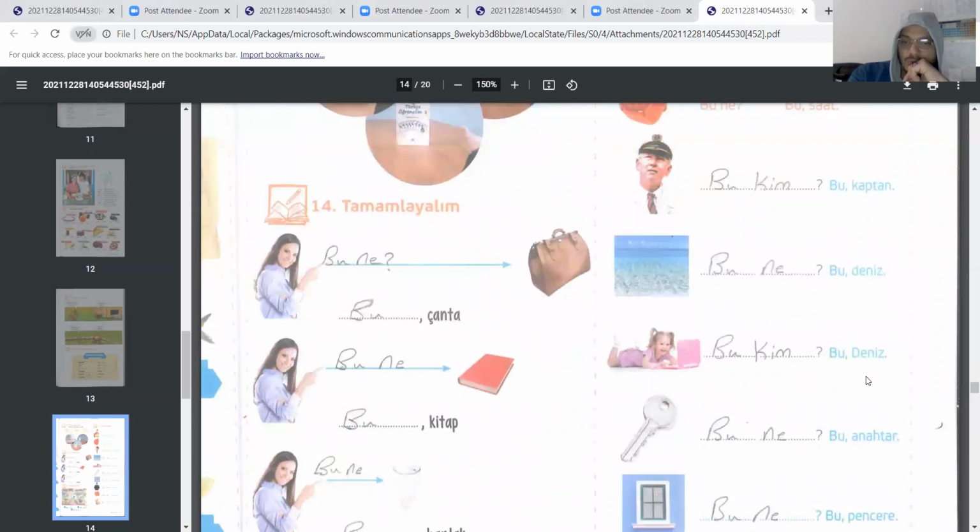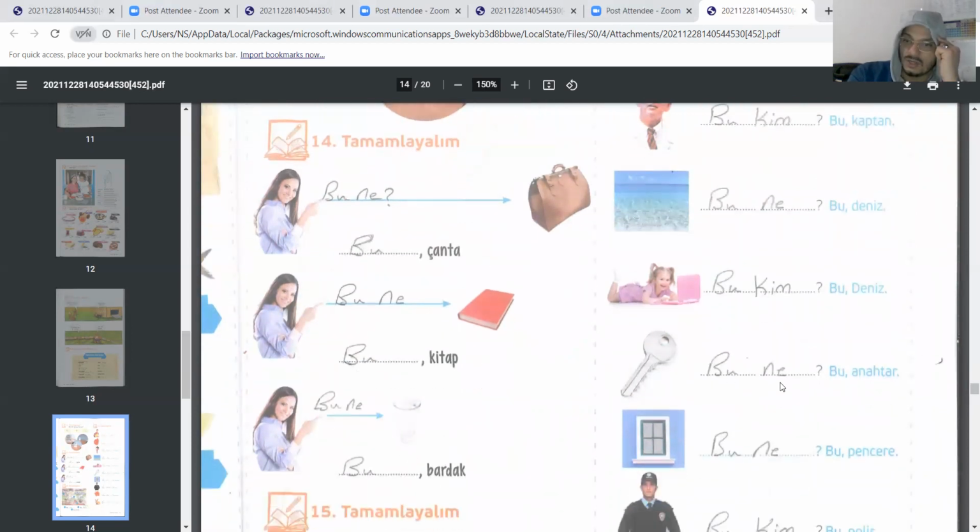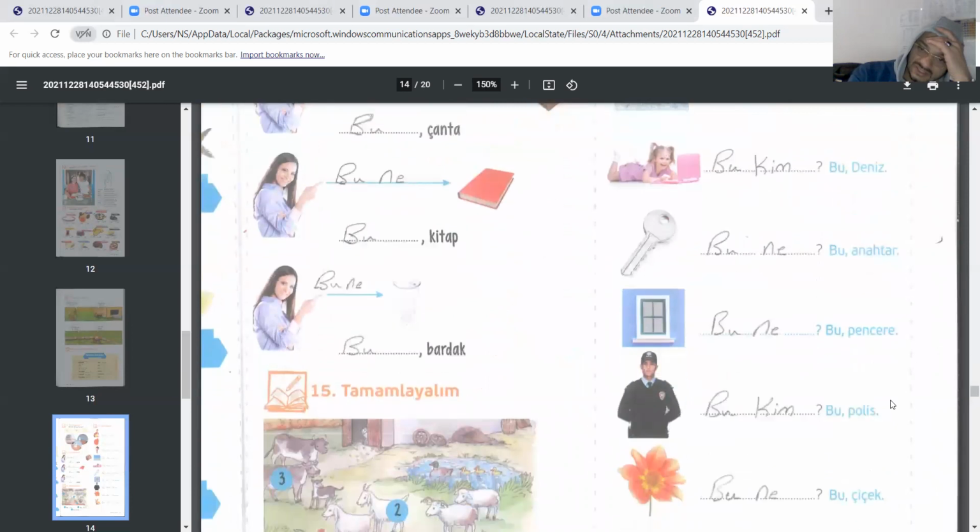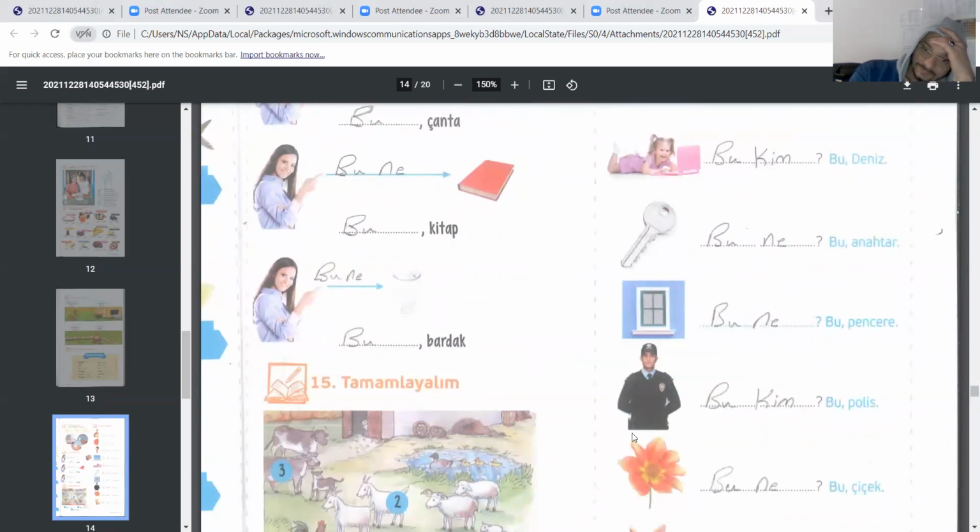Bu kim, about the baby. Here something is wrong, or we can say here with a capital D at the first of this word, that means his name is Deniz. Bu kim, bu Deniz, his name is Deniz. Bu ne, anahtar, key. Bu ne, bu pencere.